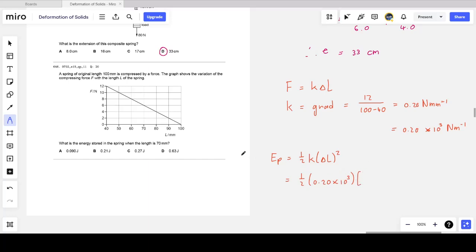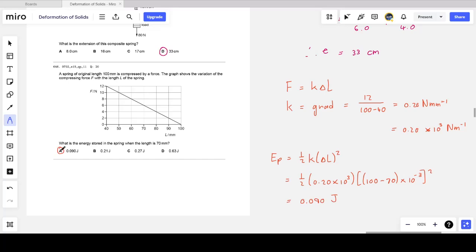The compression of the spring when its length is 70 millimeters is 30 millimeters, because the unstretched length is 100 minus 70. So we multiply 30 millimeters by 10 to the minus 3 to get meters, and we square this value, and we get the elastic potential energy stored in the spring to be 0.09 joules. And this corresponds to option A.